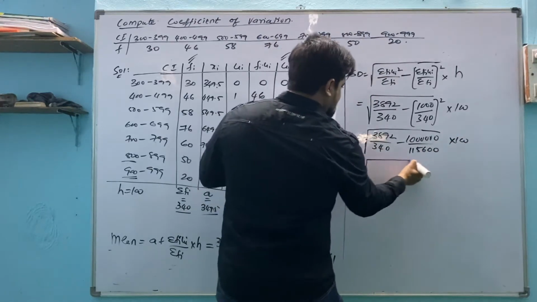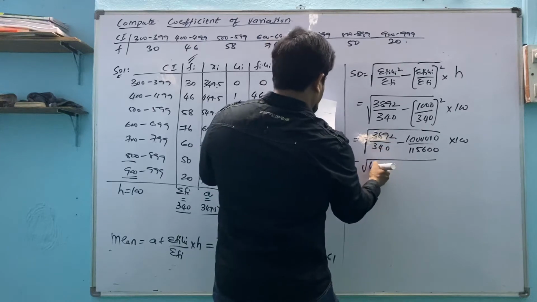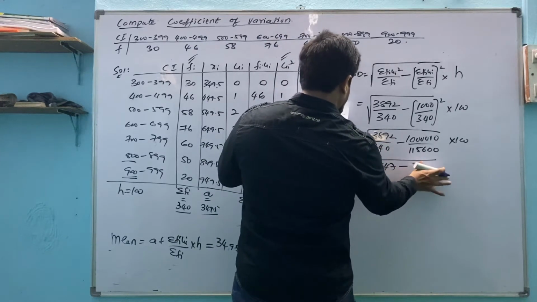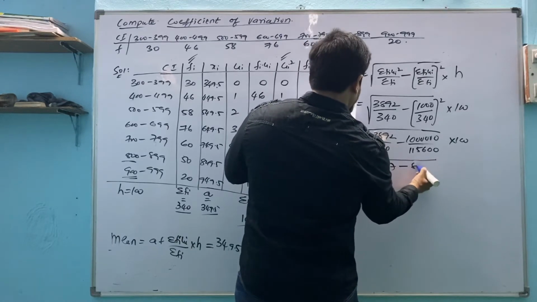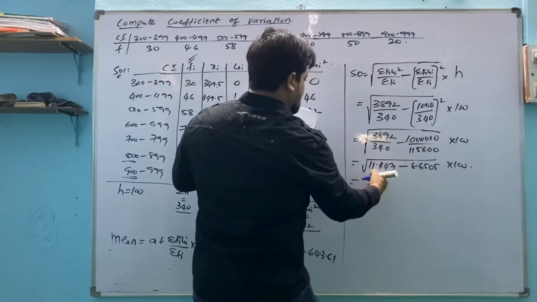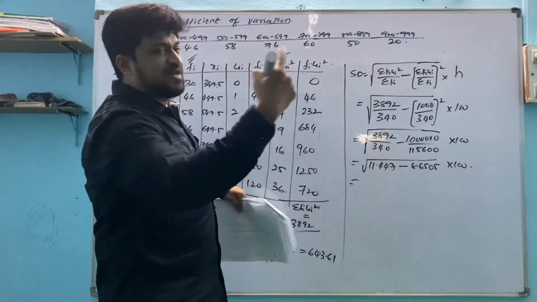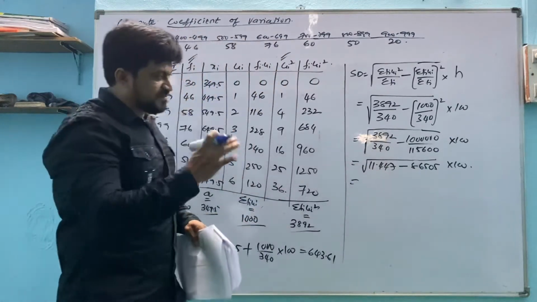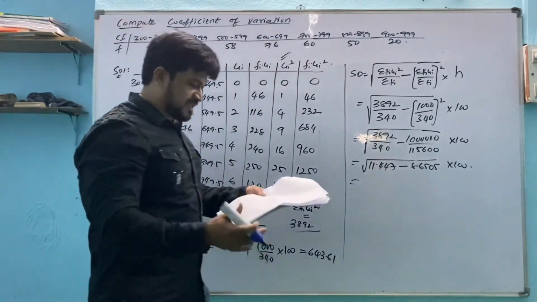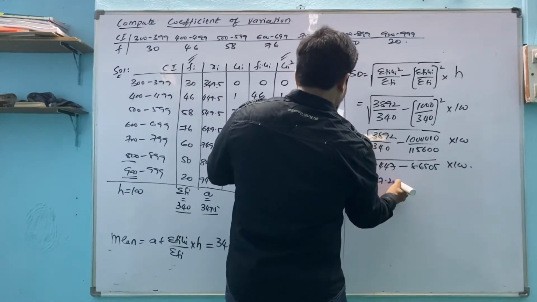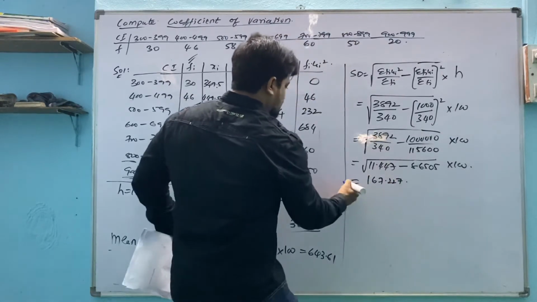Now dividing these two gives 11.447, then 8.6505. Subtract them, find the square root, then multiply by 100. After subtracting, don't multiply by 100; after subtraction, find the square root, then multiply by 100. So what do you get? 167.227.